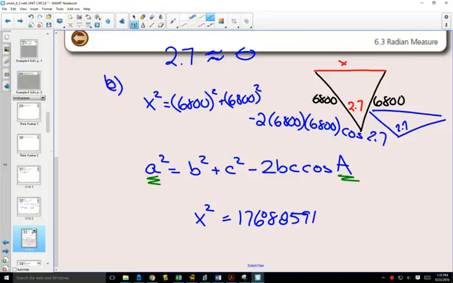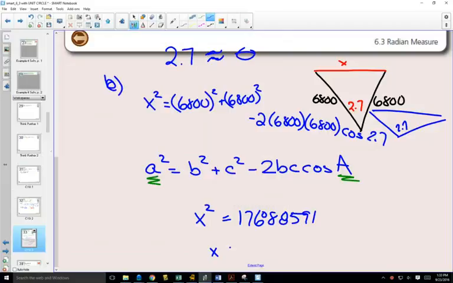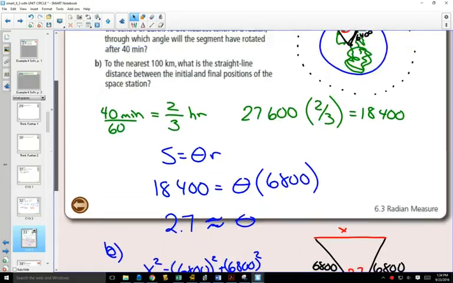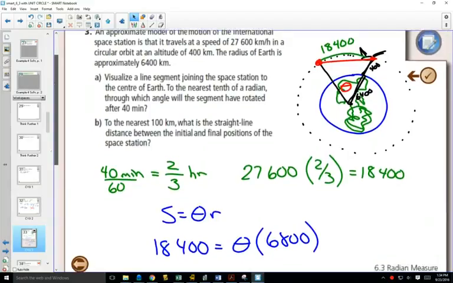So if I want to find out what x is, I'm going to have to square root my answer, 13269.8. Quick check. Is that less than it was originally? Yes. It's quite a bit less.